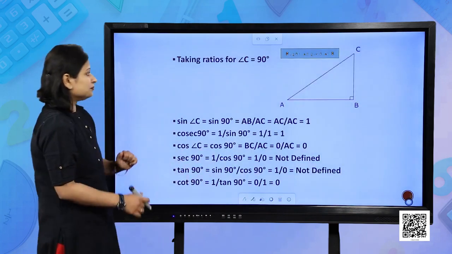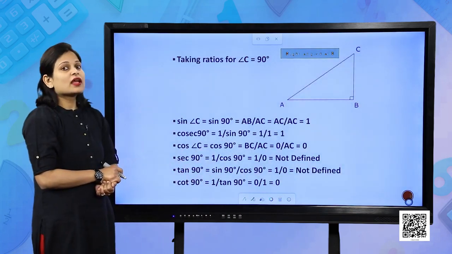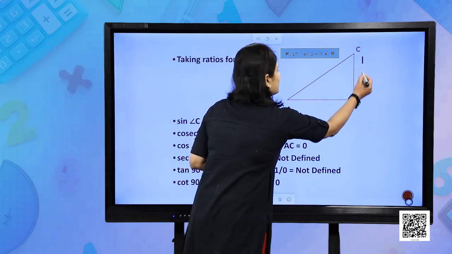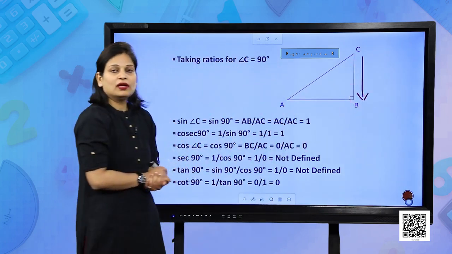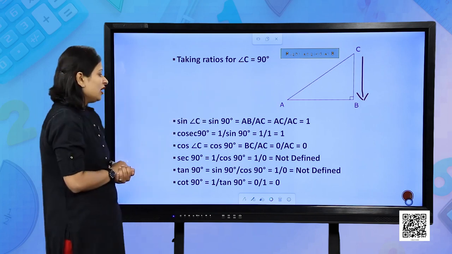Now comes to taking the ratios for angle C as 90 degree. Now, as I told you, I have just decreased BC. So, angle C will become 90 degree and AB and AC are equal.